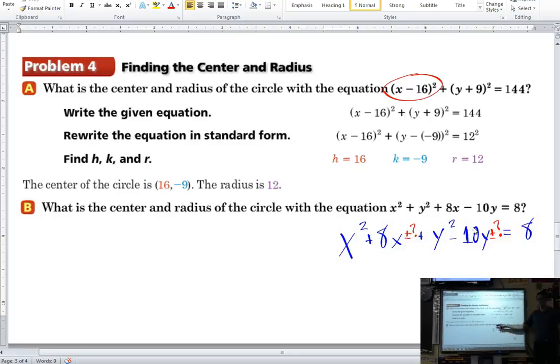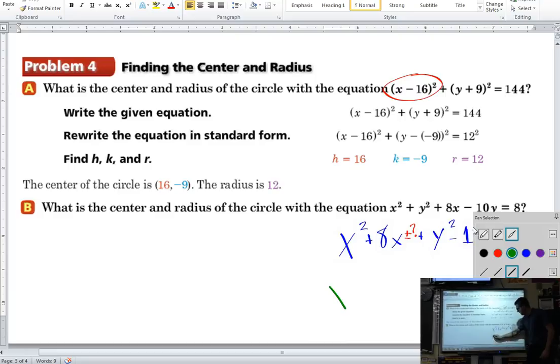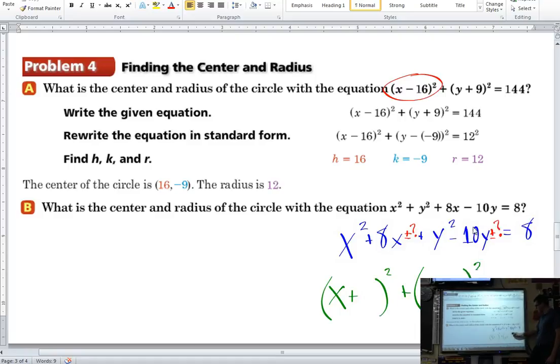If you were given this as your equation, we want to figure out, if I have x... I don't like doing that in red. Red is my real dramatic color. Let's do green. I want this to be x plus something squared, y plus something squared, and something squared.